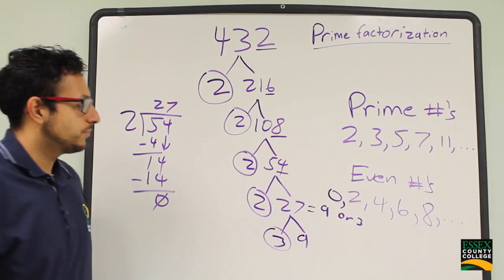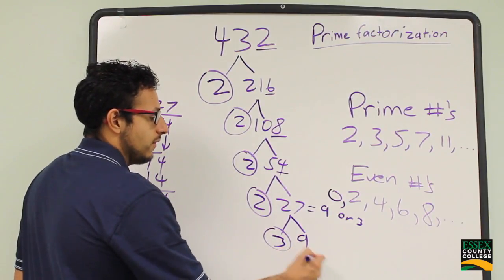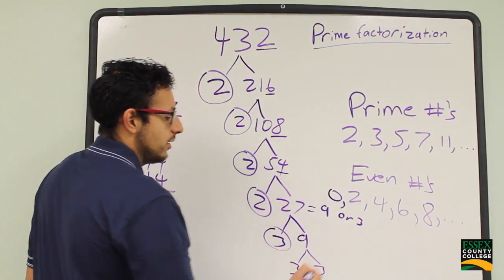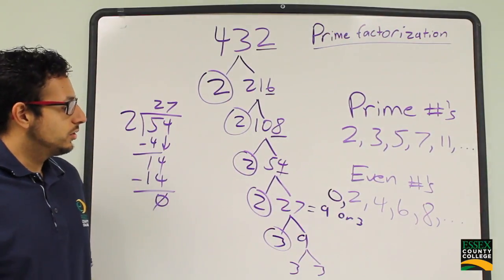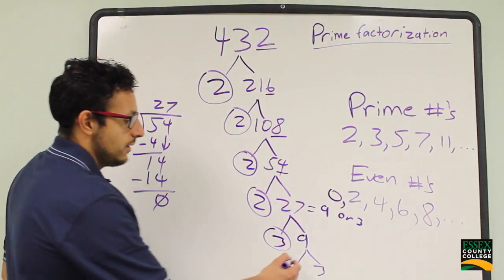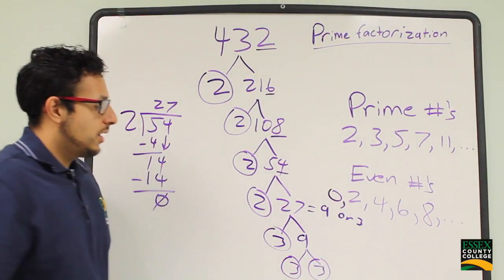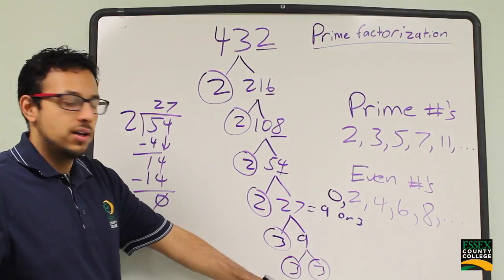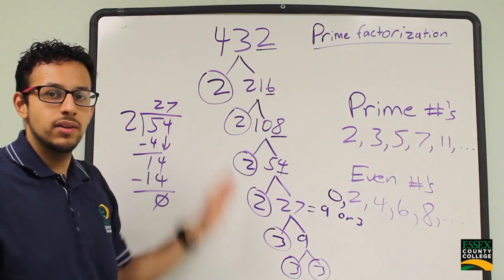And we continue here. The factors of 9 are 3 times 3. Now we add 3 and 3, and both are prime numbers, so we can circle them. Once we finish the factor tree, we finish the prime factorization of the number.